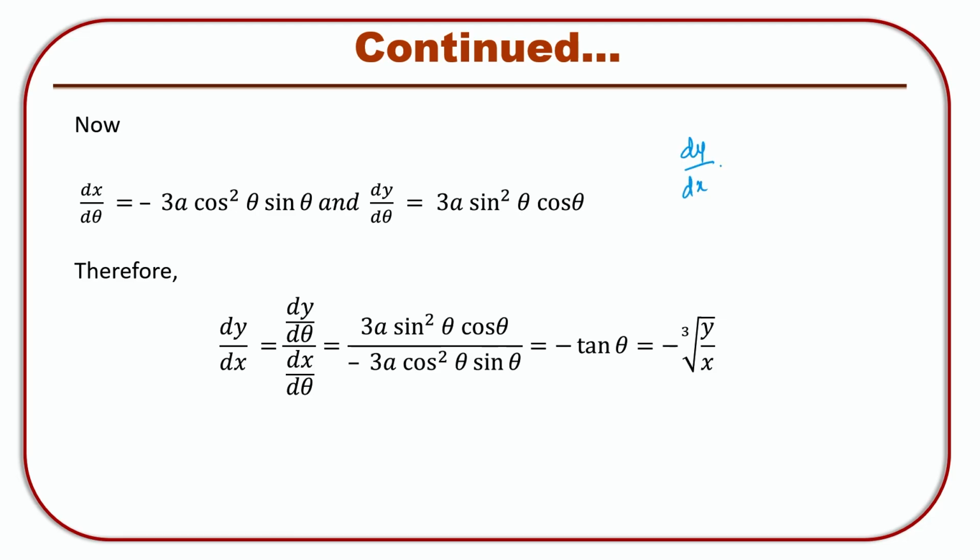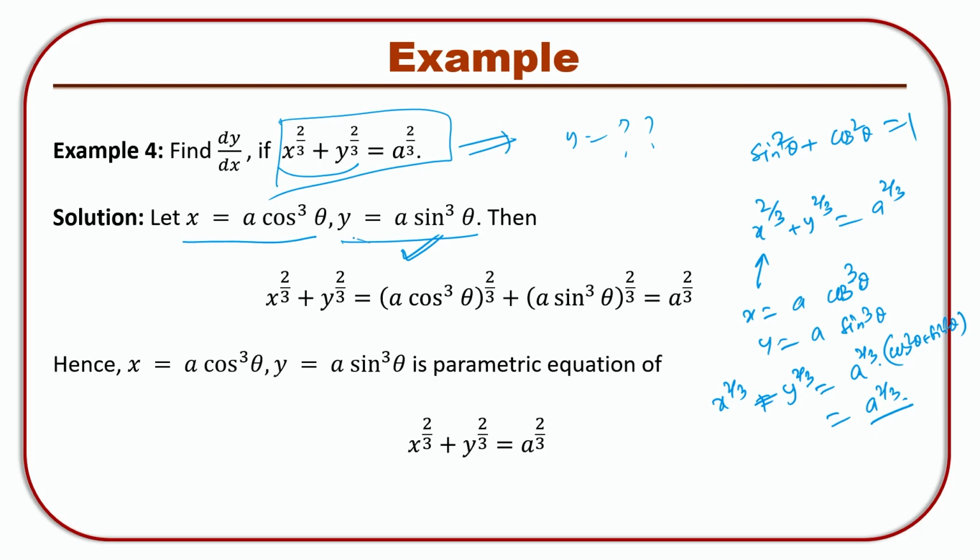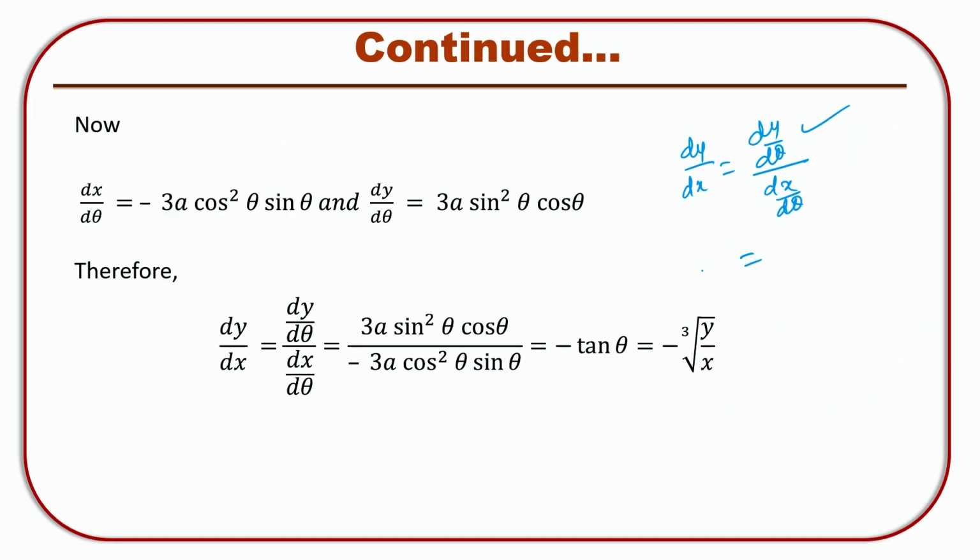We can find the value by putting dy/dx equal to dy/d theta divided by dx/d theta. dy/d theta you can easily find from y equal to a sin^3 theta. So dy/d theta equals a into 3 sin^2 theta cos theta, so dy/d theta equals 3a sin^2 theta cos theta. Similarly, with x equal to a cos^3 theta, dx/d theta is minus 3a cos^2 theta sin theta.